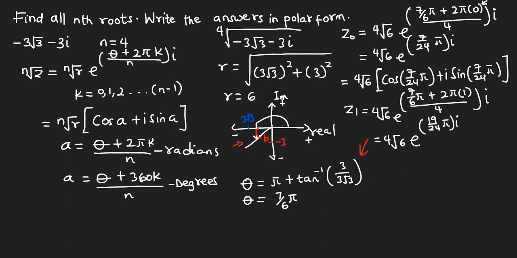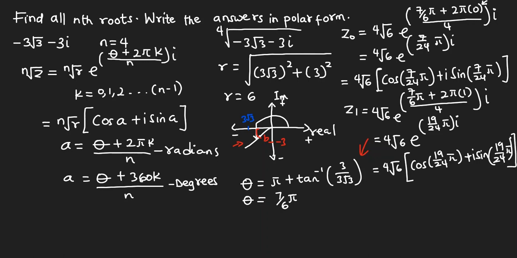So writing this in polar form, you're going to have the fourth root of 6 multiplying cosine of 19 over 24 pi plus i sine of 19 over 24 pi. So that will be for the second root.